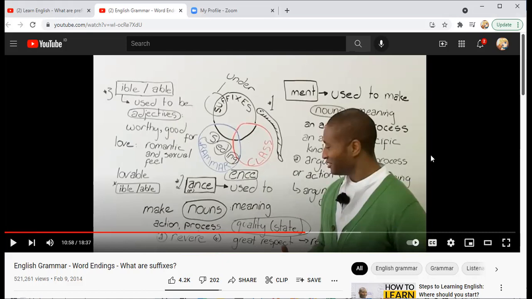A situation, condition, a status. Like if you play a game and your status is like low energy, low EXP, like that. And then the example is reverence.